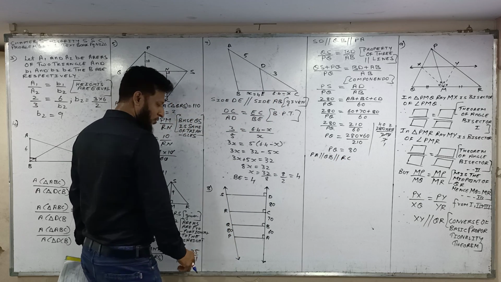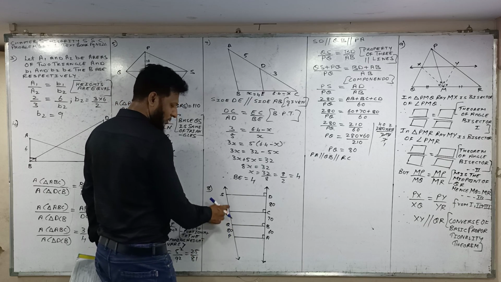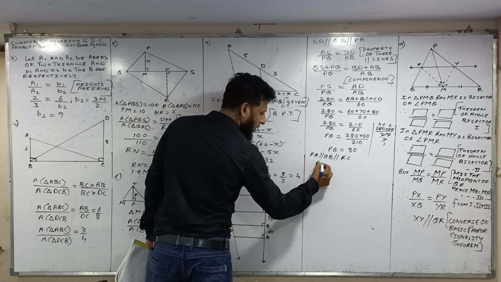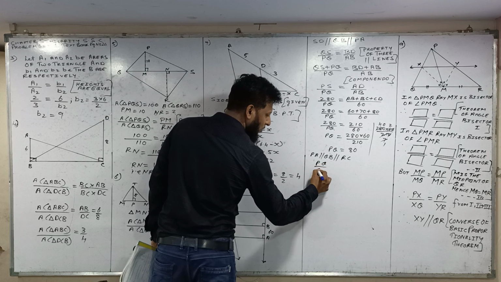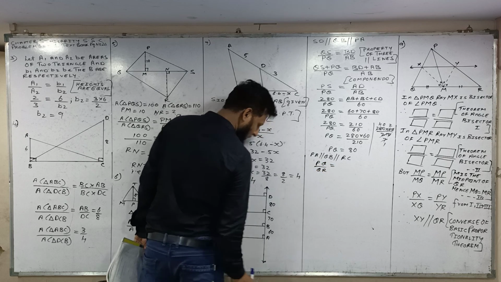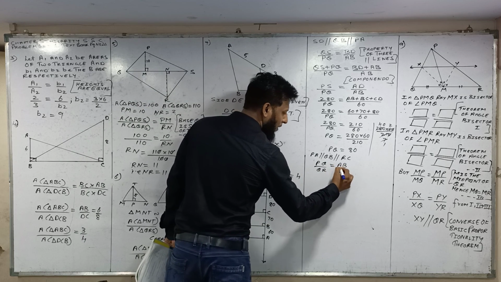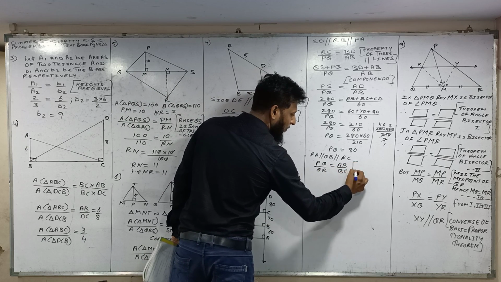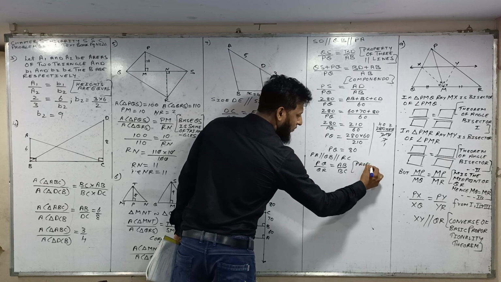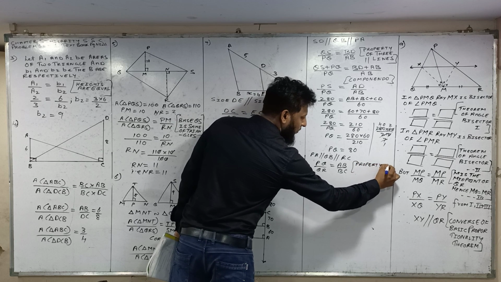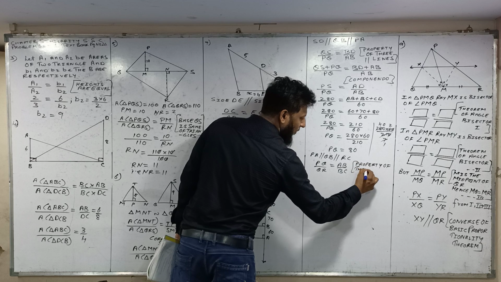Now you can take the proportion PQ upon QR is equal to AB upon BC, by the property of 3 parallel lines.